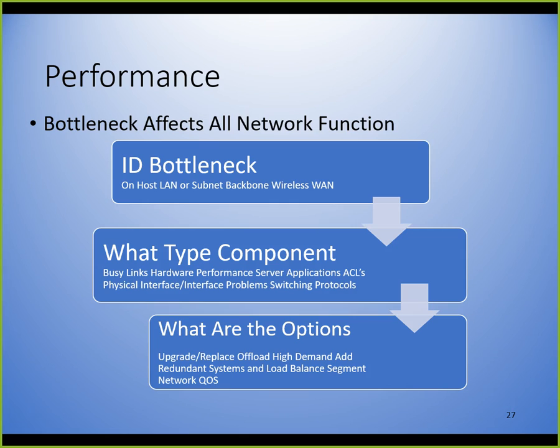Offload high demand. We can offload, and there are configurations to offload certain processes to different things. Some video cards offload video from the CPU to the video card. The video card processor is one of the big things, because that takes a lot of stuff. Redundant systems, load balancing segments, quality of service, to where we prioritize the traffic so that the real-time applications get the higher priority.